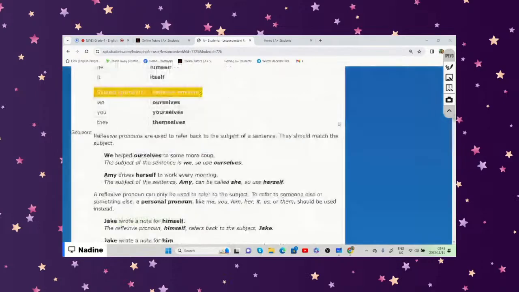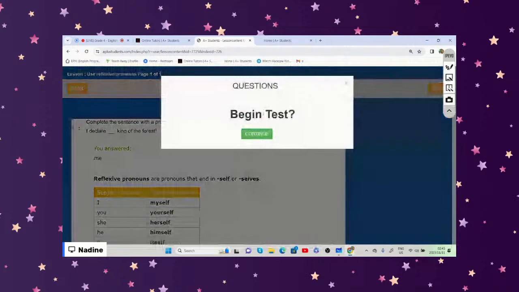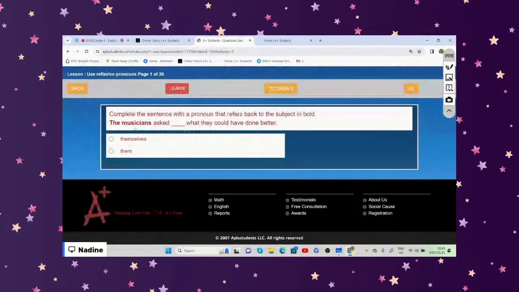All right, now let's go on to our test. It says that we need to complete the sentence with a pronoun that refers back to the subject in bold, right? So it needs to refer back to the subject. The musicians asked themselves or asked them what they could have done better.